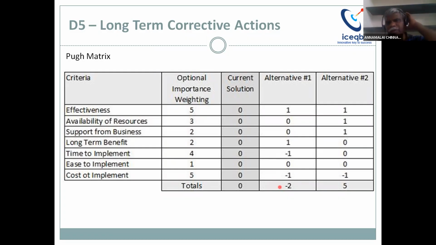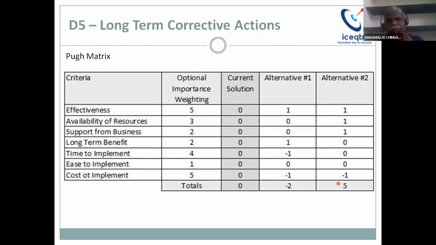So that means if I implement alternative 1, then the current process itself is going to deteriorate. No improvement is going to be there, so this solution is not effective, and I will not go for this particular solution. But if I consider the second solution alternative, then my net score is 5. That means it is going to improve my current process, right?